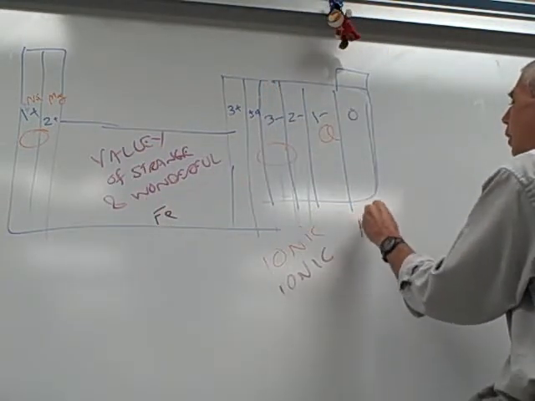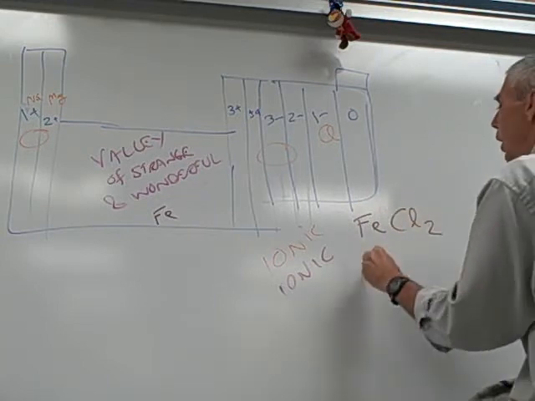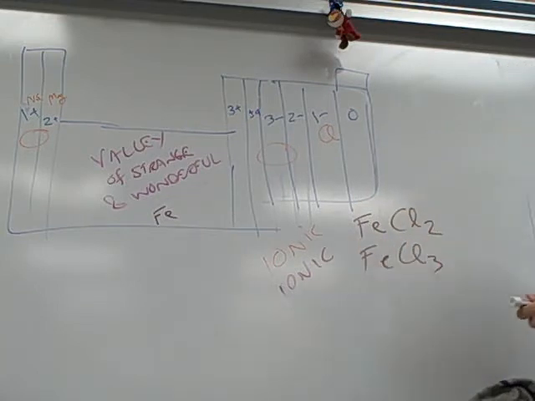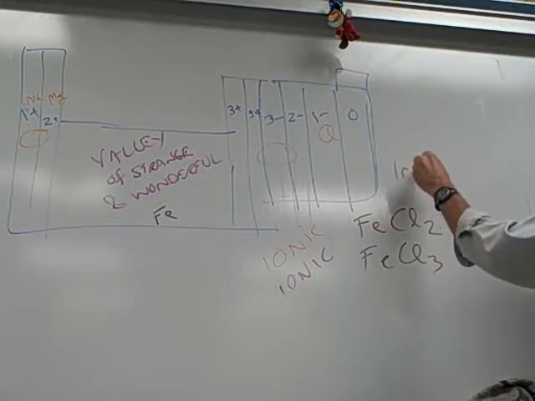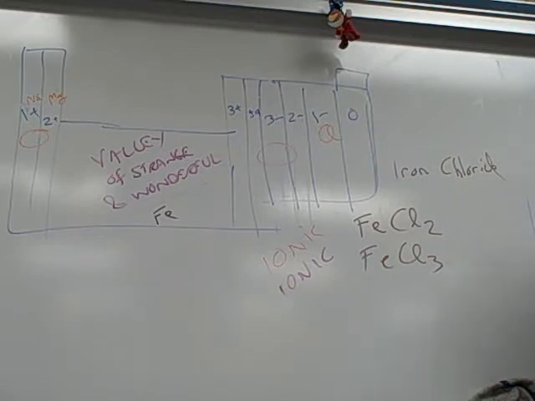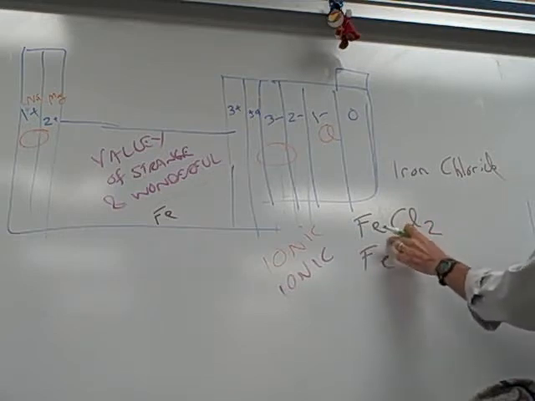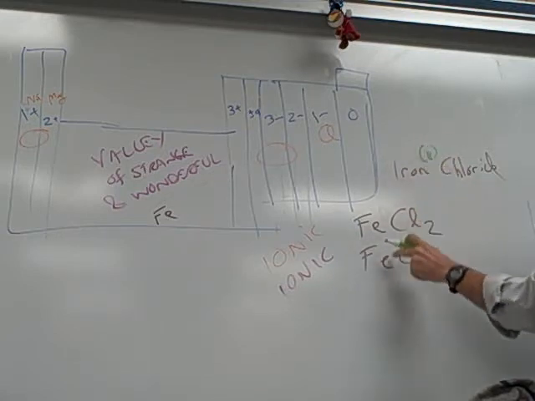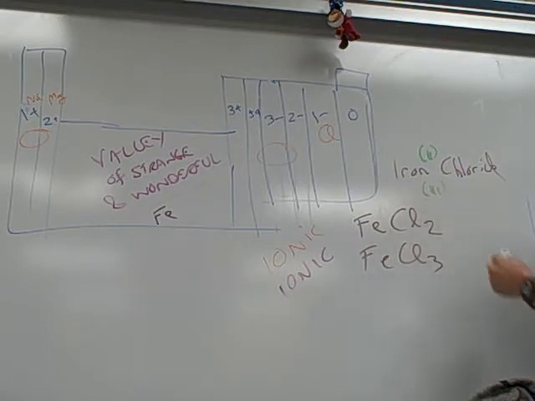Iron could bond with chloride, and we could get FeCl2, and we can get FeCl3. We have to distinguish between those. These are both iron chloride, yes? So how do we distinguish between them? Roman numerals. So this one would be iron 2, and this one would be iron 3. So that's the second bit.